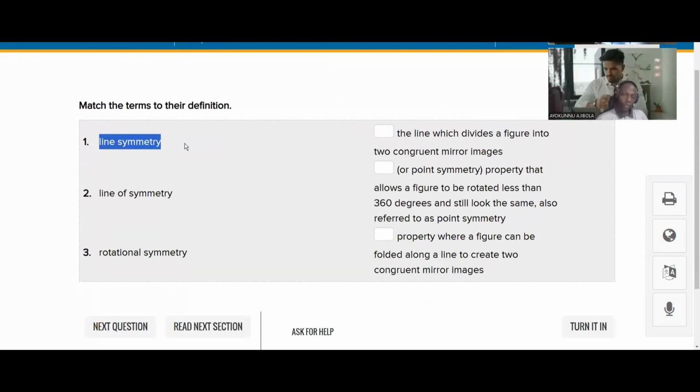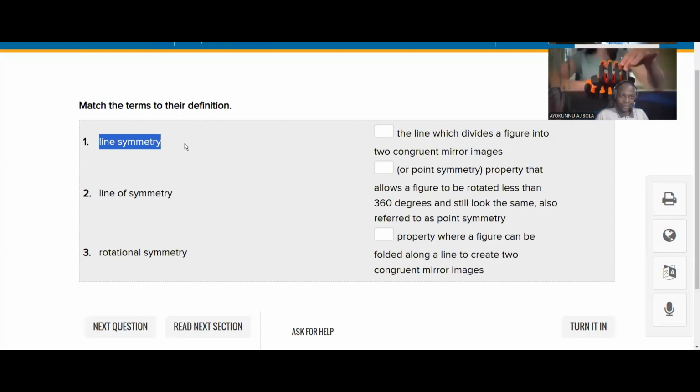Which answer will you pick for this? Yes, Miggy? Miggy, are you sleeping? Should we end the class for today?